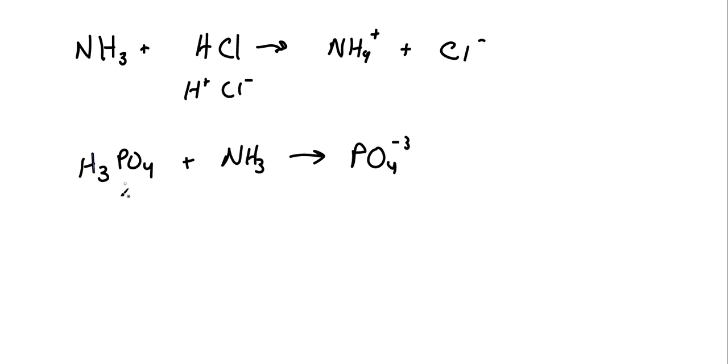Now, this hydrogen is going to go to our ammonia and become ammonium, NH4+. Now you'll notice that we have 3 hydrogens here. So we're going to have to add those 3 hydrogens to 3 ammonia, which will give us 3 ammoniums. And now everything should balance across. And you can see you got your 3 positive charges, your 3 negative charges, everything balances out.